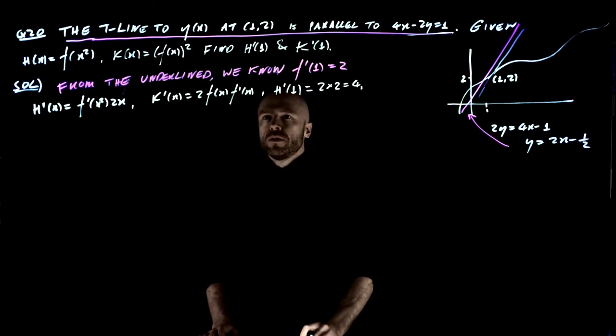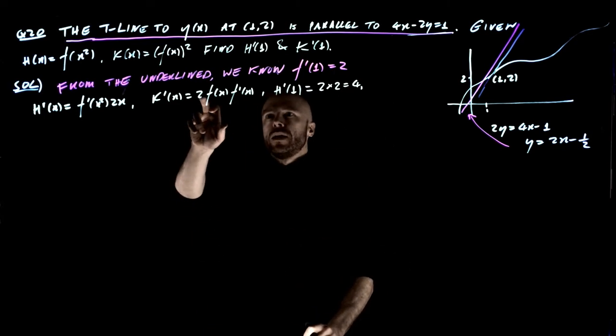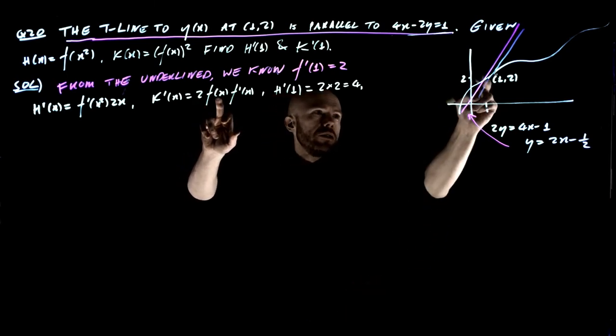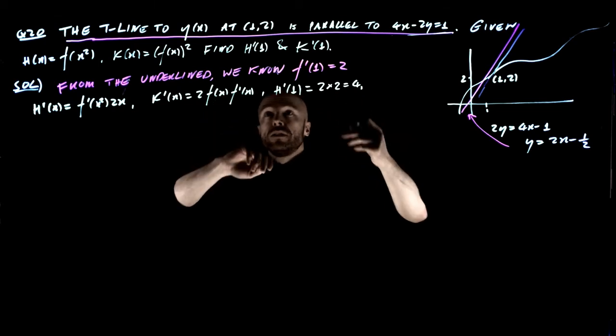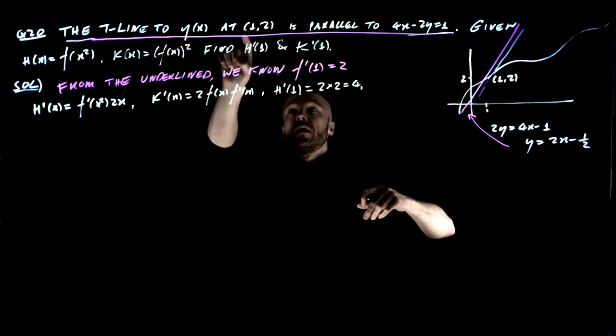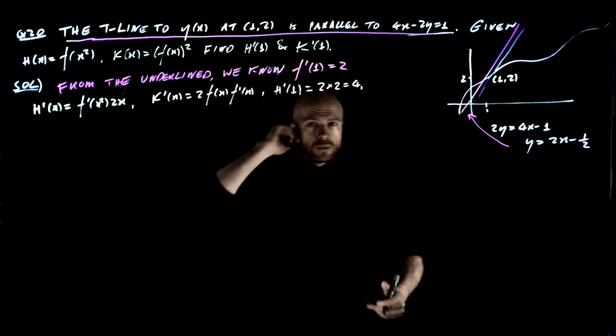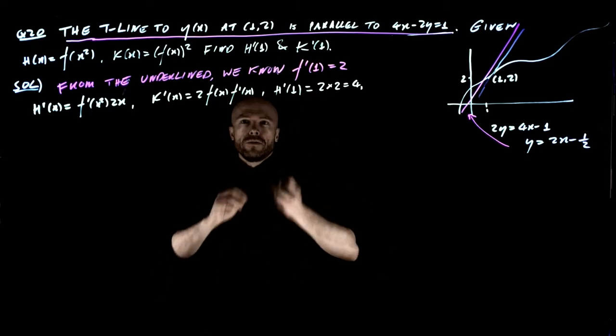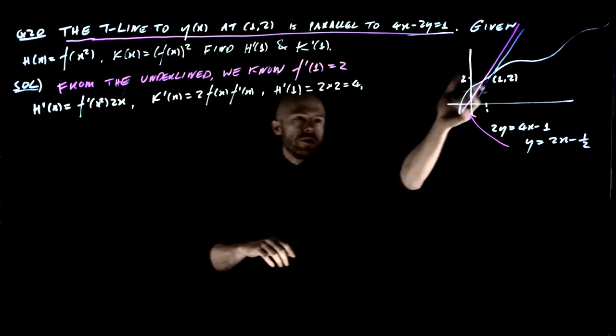And then k prime of 1, that's 2 times f of 1. F of 1 is given to us, it's equal to 2, because we know that this thing has a tangent line at 1, 2. And the only way it has a tangent line at 1, 2 is if it goes through the point 1, 2, right? So we know that f of 1 is equal to 2. You just see it from the picture.